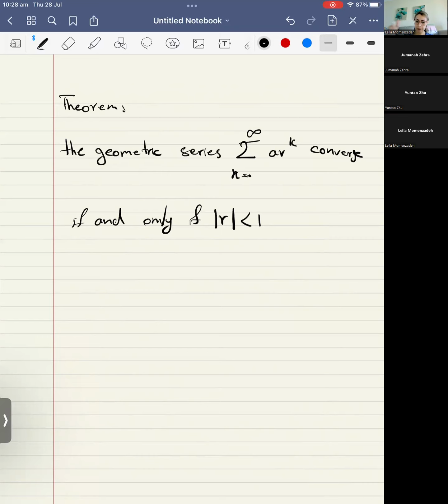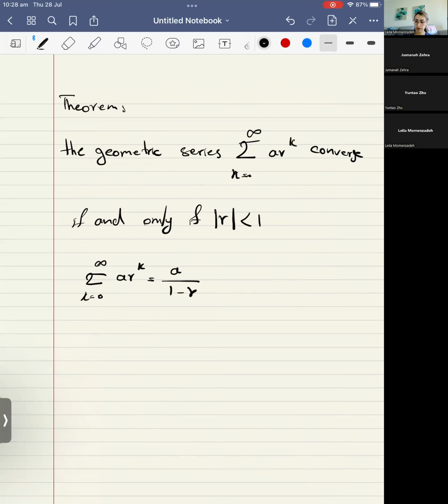It means that if the absolute value of r is less than 1, then the summation from k equals 0 to infinity of ar^k is equal to a over 1 minus r.